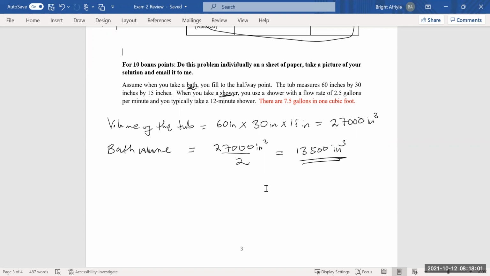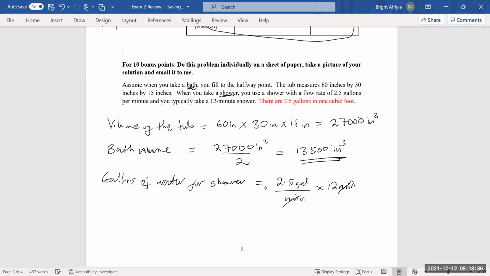All right. And you typically shower for 12 minutes. So if you want to know how many gallons of water you use for your shower, you have to take the flow rate, which is 2.5 gallons per minute, multiplied by the 12 minutes that you take your shower.